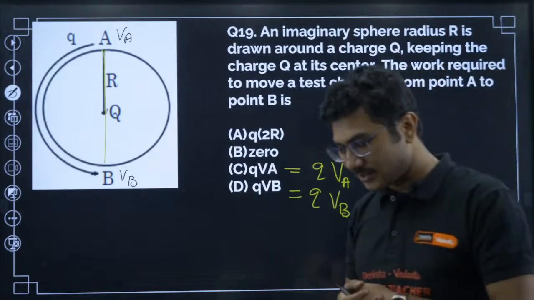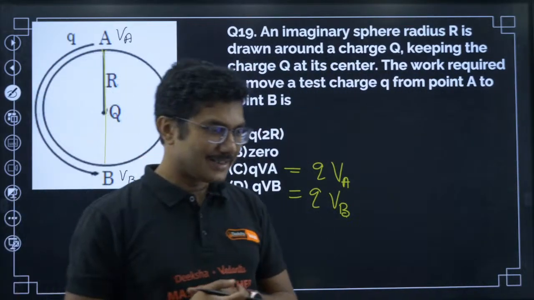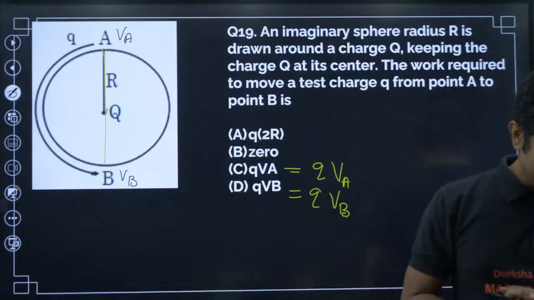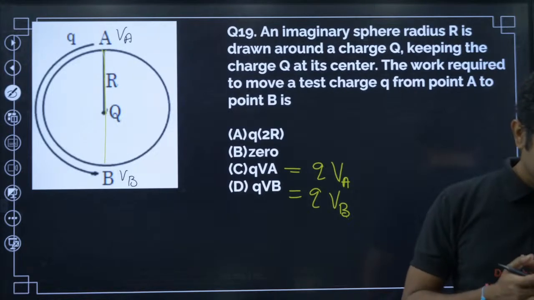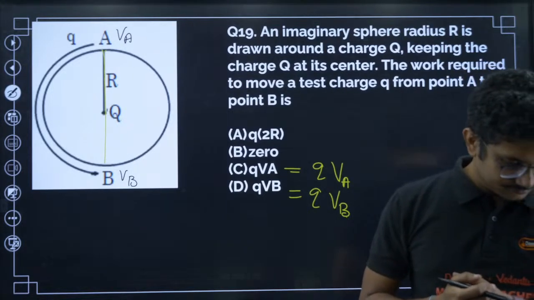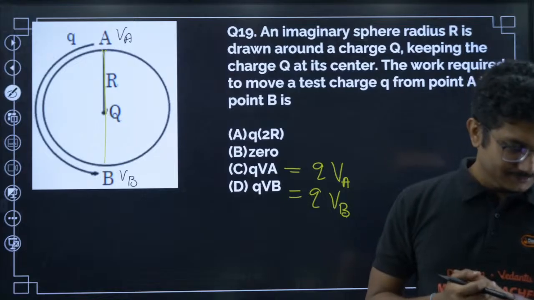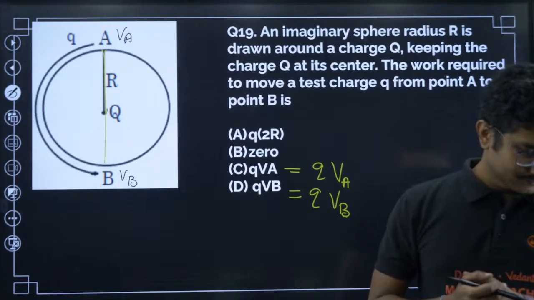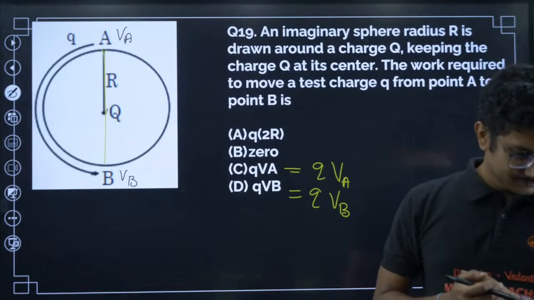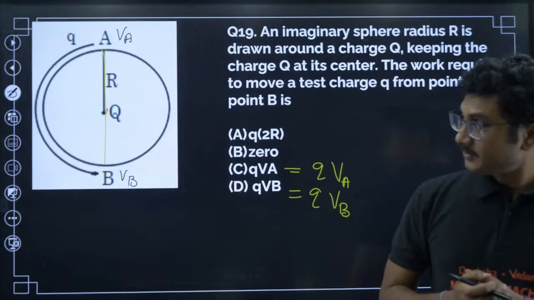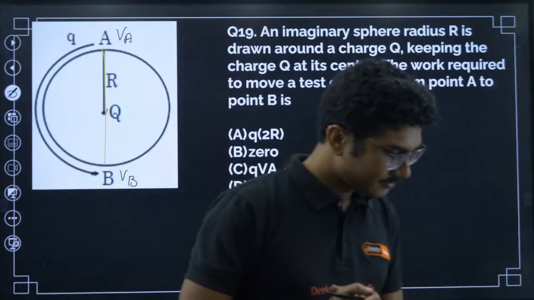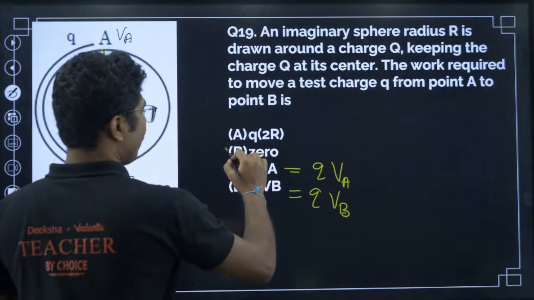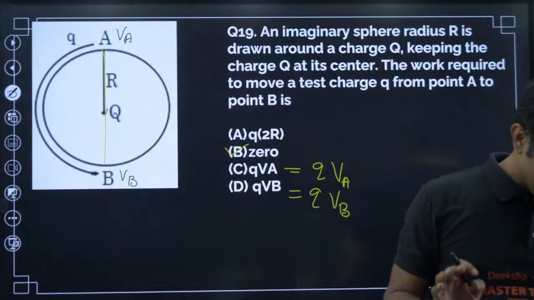Just a one line answer. So this is 0, not A. Option A is not correct.